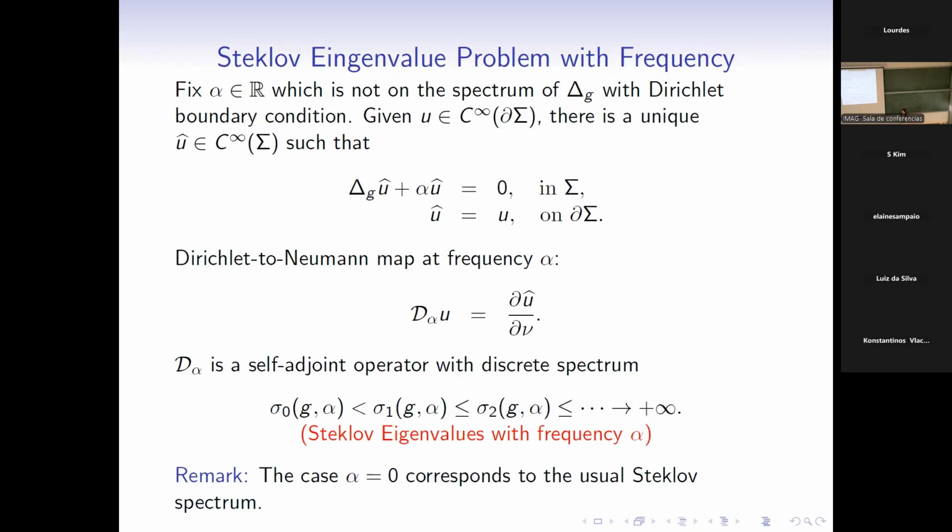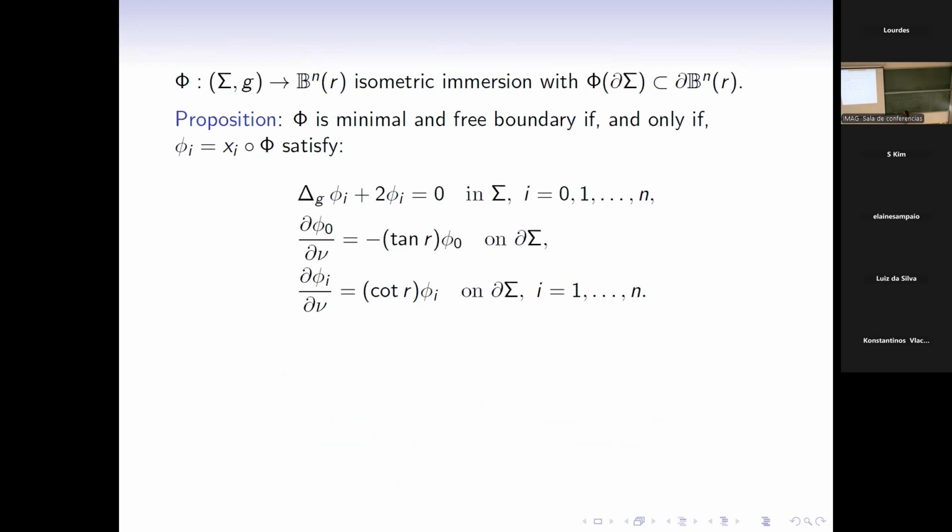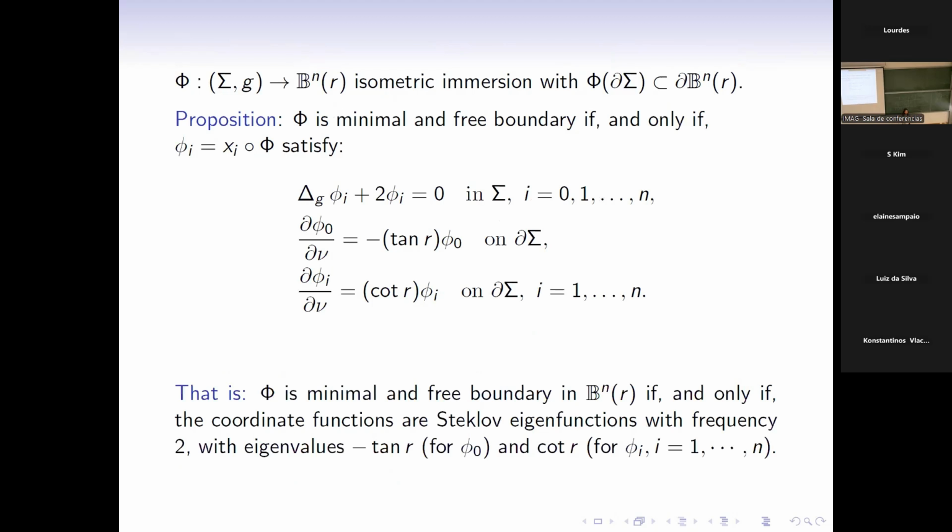So if we go back to the properties that we just proved and we translate into this operator, we are telling that you do have a free boundary minimal surface in a spherical cap if and only if the coordinate functions are the Steklov eigenfunctions with frequency 2, because that's the number that appears here, and it comes with 2 eigenvalues, negative tangent of r for the first and cotangent of r for the other ones.